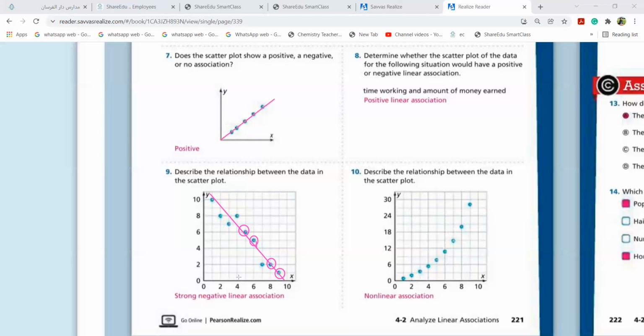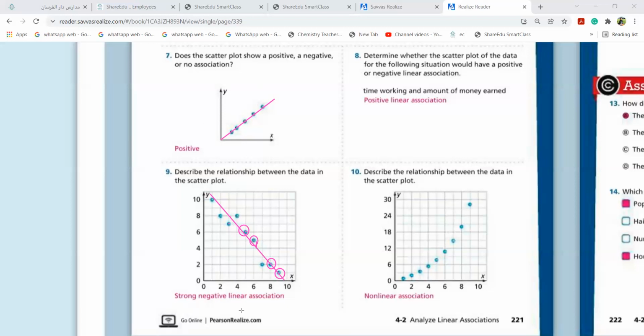Here it is negative, linear association, and strong because I could see many points on or near the linear line. Lamar, I request you to write strong negative linear association.